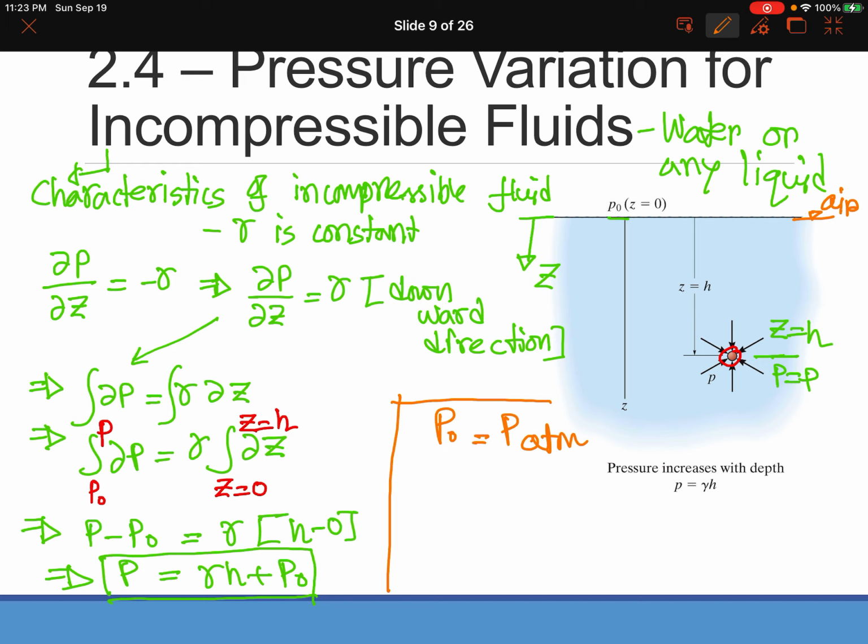If we use the gauge scale, we know that for the gauge scale P atmosphere equals 0.